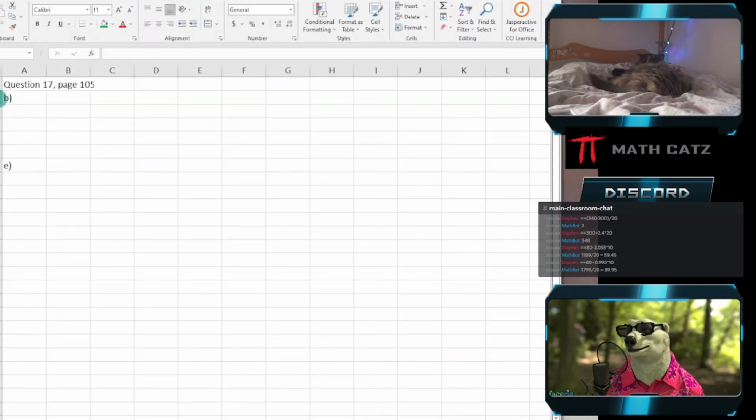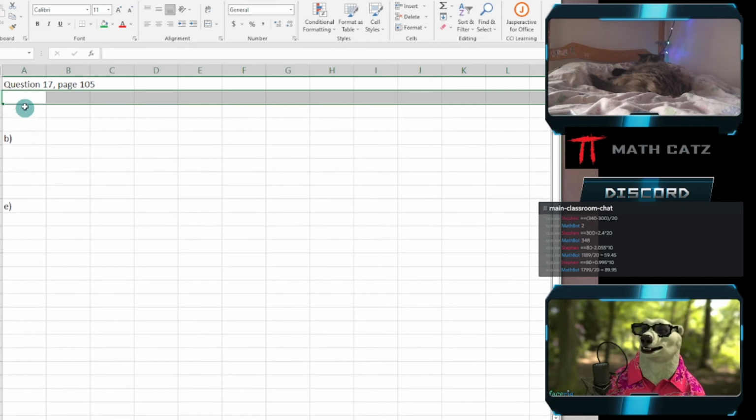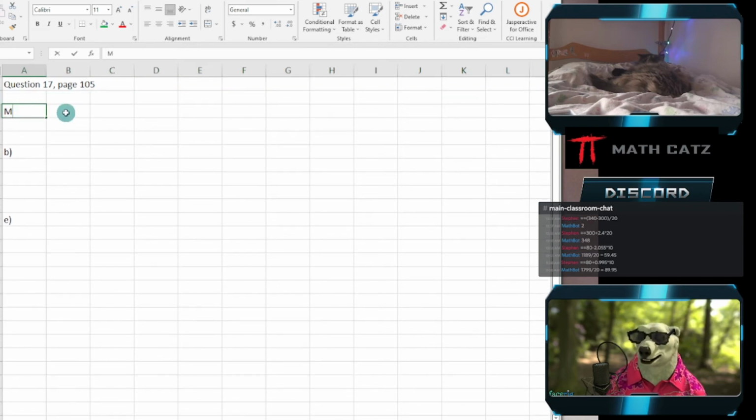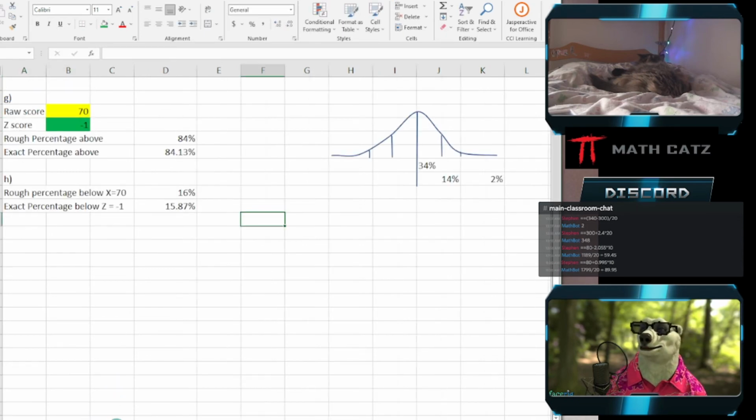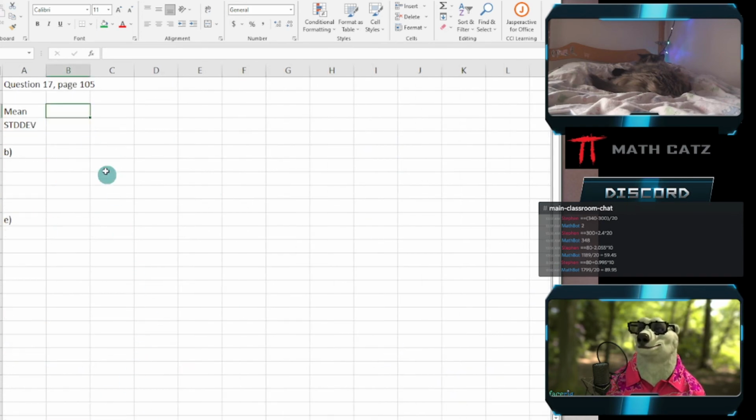B and E. Beautiful. Now, not to overlap with the other question, I'm just going to give myself some space and remember the mean and the standard deviation. What was it? Go all the way up. 80 and 10. Those are inputs, and I remind myself, just a good habit to get into.